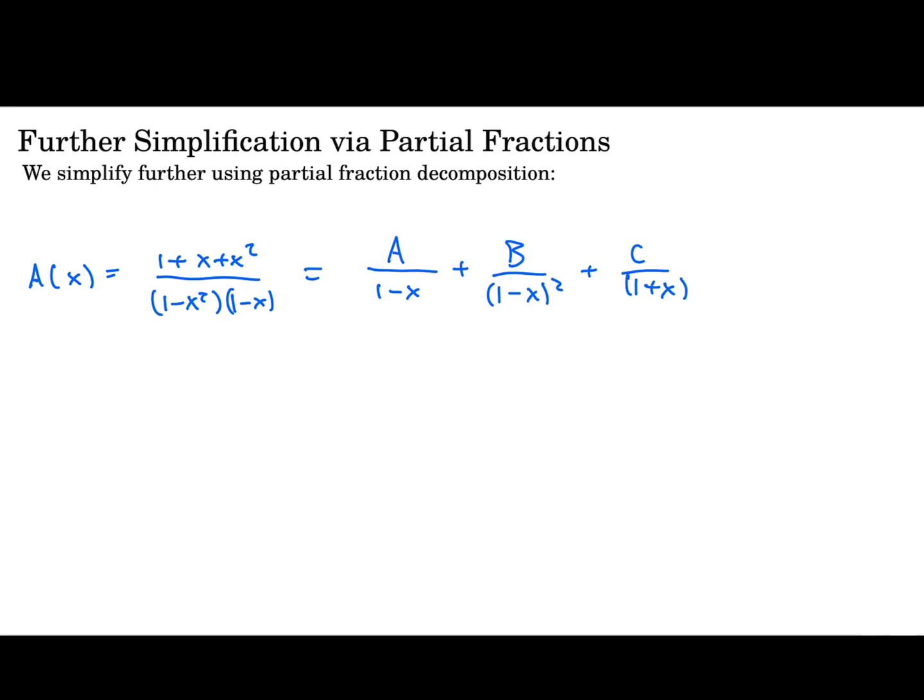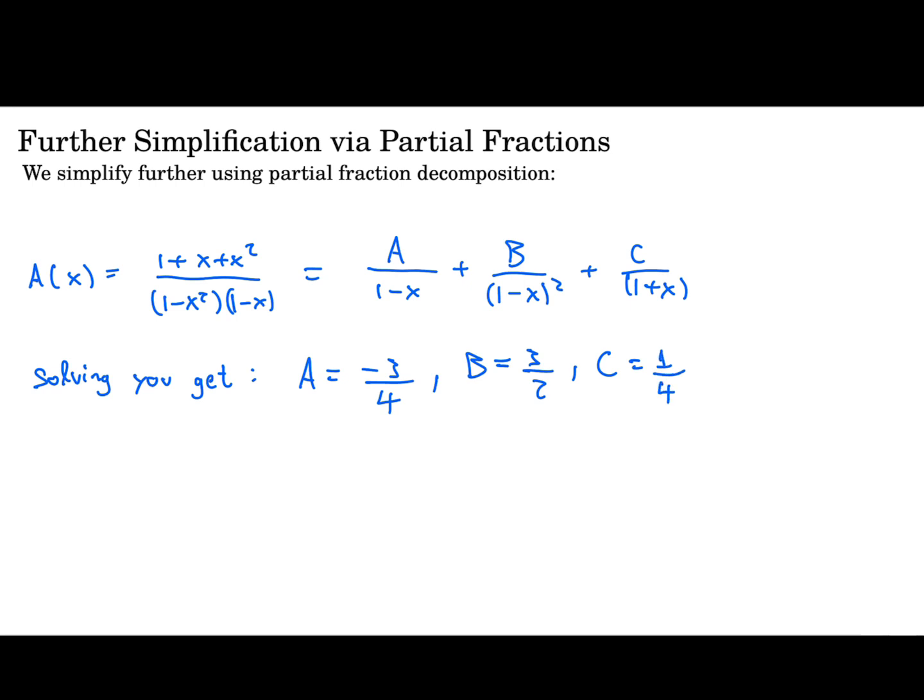When you solve this, you get a equal to minus 3 over 4, b equal to 3 halves, and c equal to 1 quarter.